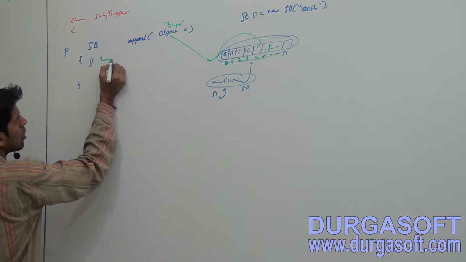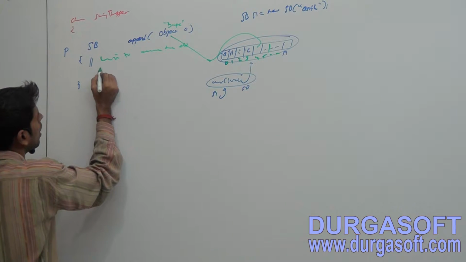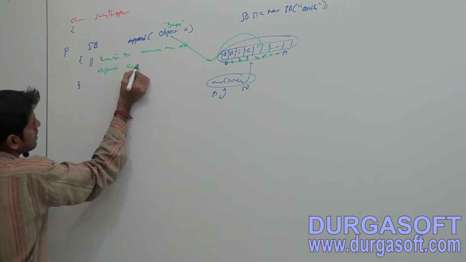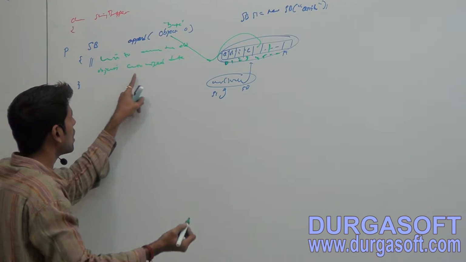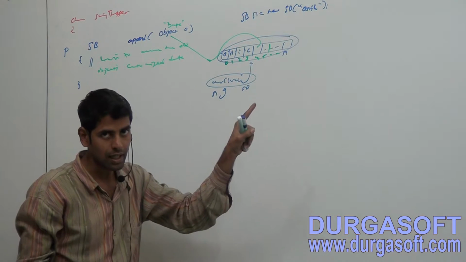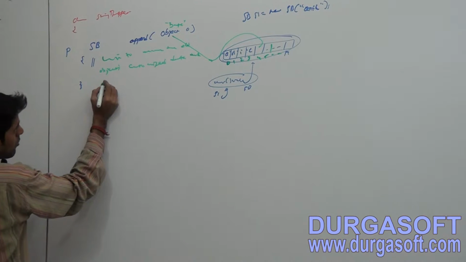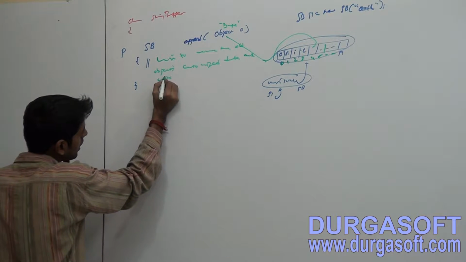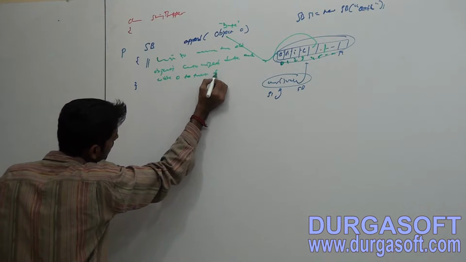Observe here. The logic is to access the old object's customized data and write the argument to that data.